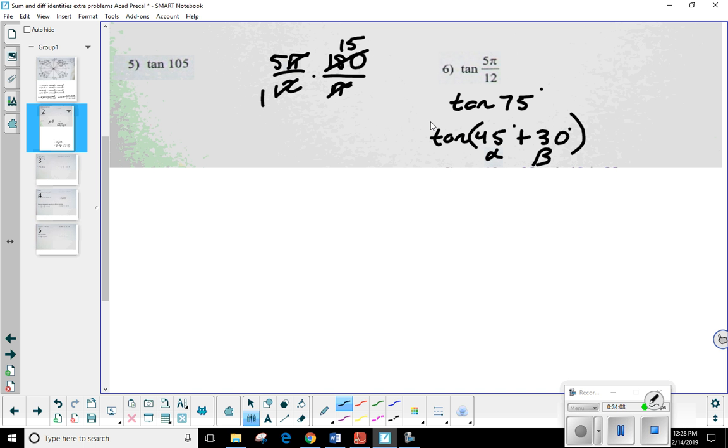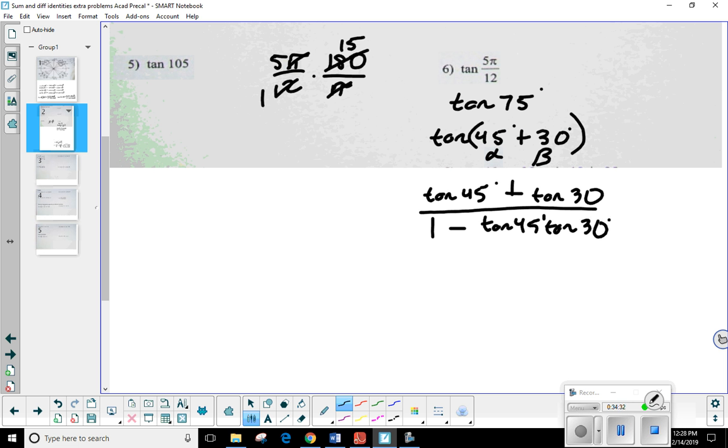Okay, so tangent 45. Would that be a plus or minus? Plus tangent what? Beta, which is 30, over 1 minus, because it always changes the sign below, tangent 45, tangent 30. And then you would just simplify. Using the unit circle, get your fractions, those ratios, and then just get your final answer.